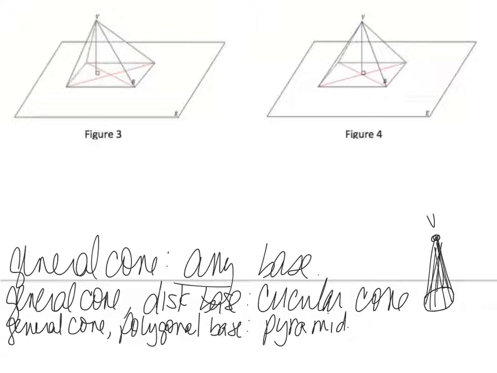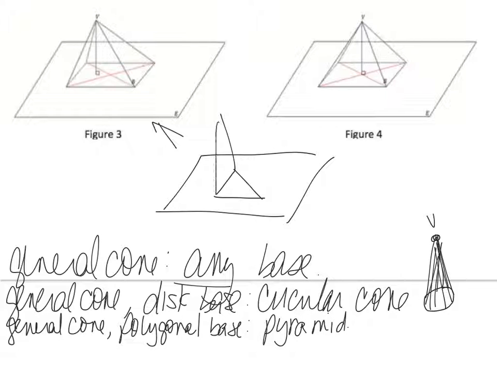Examples include a rectangular pyramid or even a triangular pyramid. Rectangular pyramid is what we see up here. A triangular pyramid, all you have is a triangle for a base, and all of these points connect up here at V. That's an awesome drawing if I say so myself.